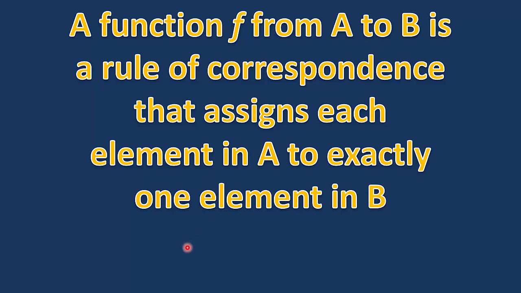Okay, remember what a function is. A function f from A to B is a rule of correspondence that assigns each element in A to exactly one element in B. And we call A the domain and B the range. In other words, we've got an input and we've got an output. But what happens when we swap those?